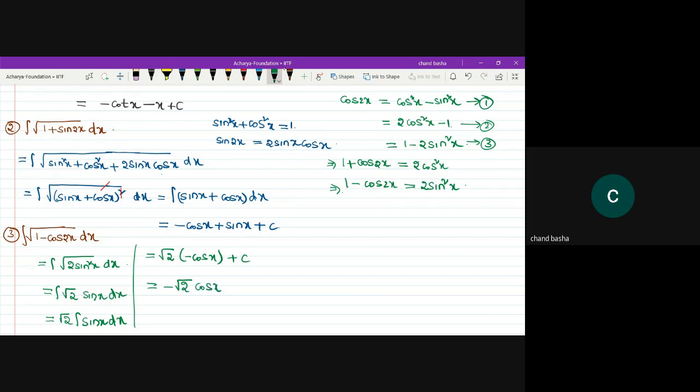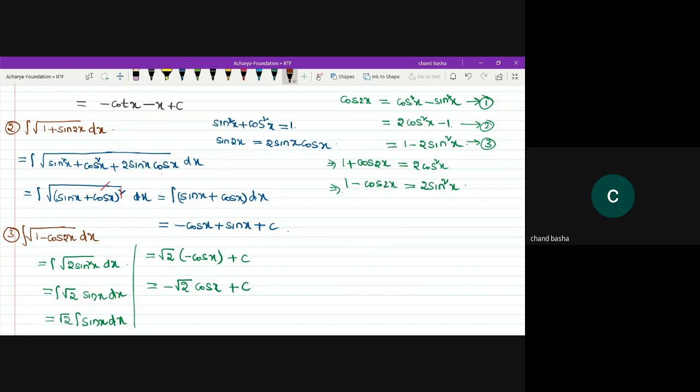So we are using the trigonometric identities for solving this question. And these are not so easy, guys.